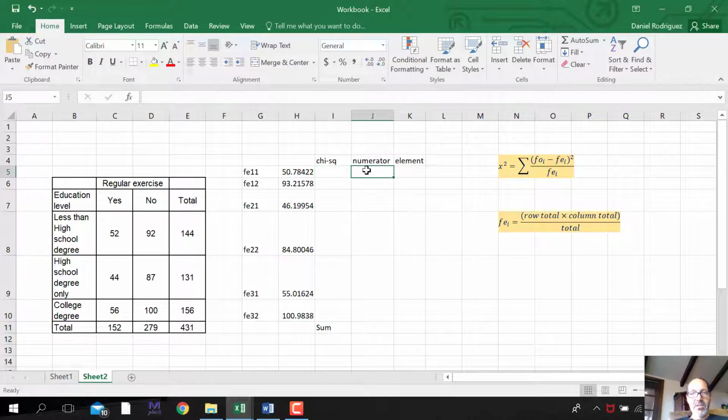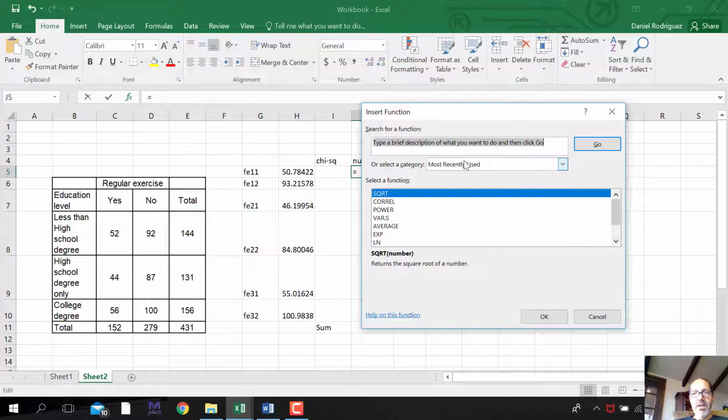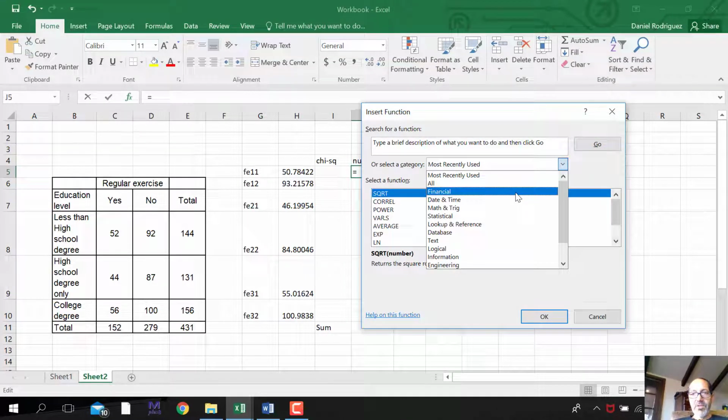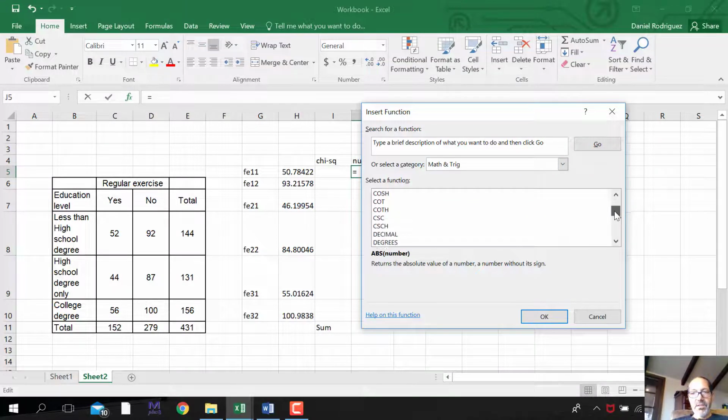To calculate the chi-square, you see the numerator is the difference between the observed and the expected. So I'm going to go ahead and square these first. In Excel, you have a bunch of functions pre-made. If you use them a lot, it'll show you most recently used. If not, you can just look under, say, math and trig. So I need a square root.